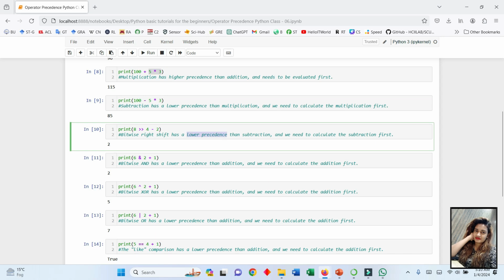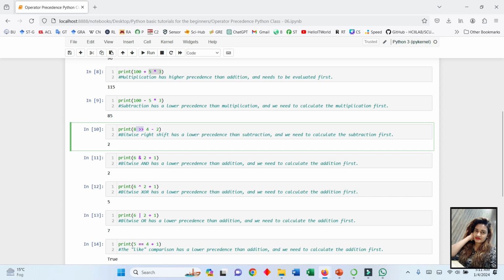Lower precedence means it will work after. First it will work on this, then the 8, and we need to calculate the subtraction first. So 4 minus 2 is equal to 2, then the shift will work and the result will be 2.